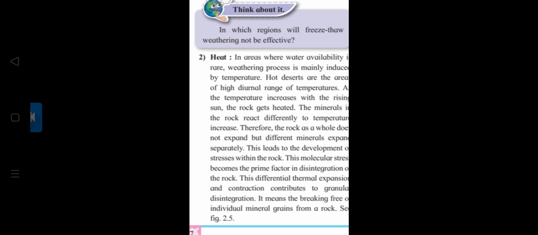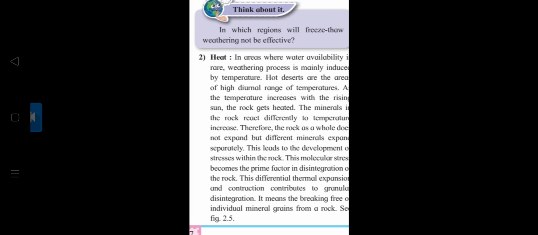This molecular stress becomes the prime factor, meaning the main factor, in disintegration. Disintegration means breaking down of the rock.